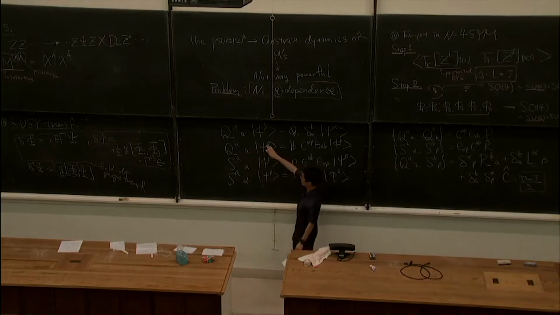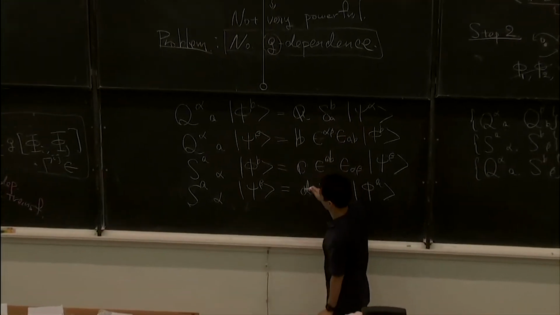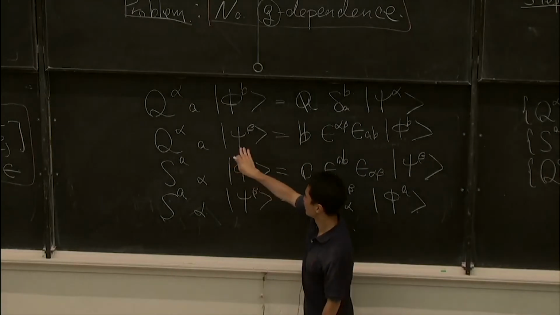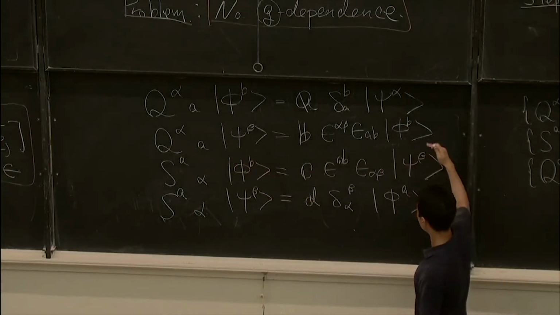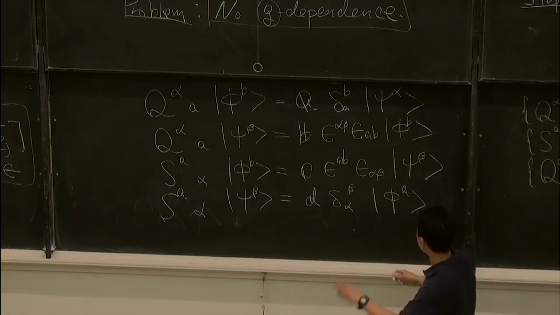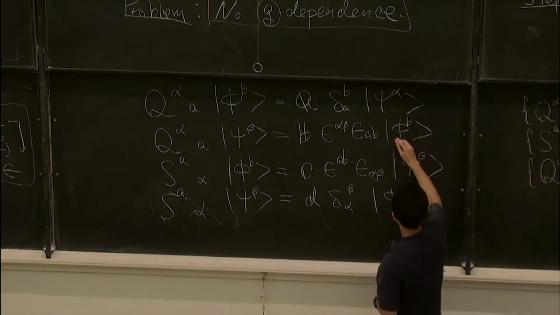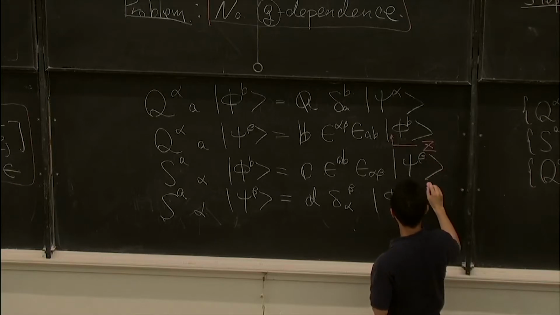This is essentially telling us that Q acting on boson converts it into fermion, and Q acting on fermion converts it into boson, and the same is true for S. If you want to be a little bit more precise, there is actually a factor of Z here and a factor of Z inverse here.